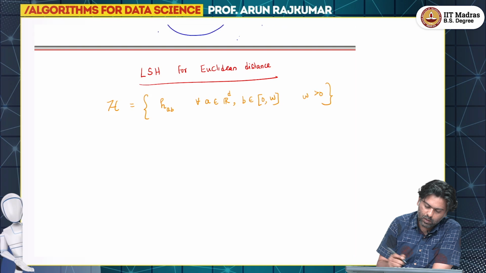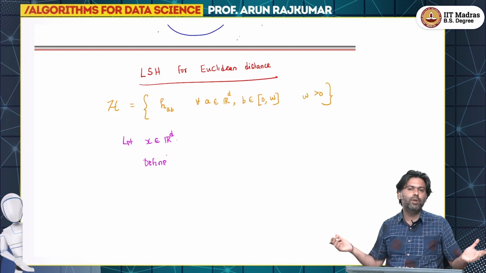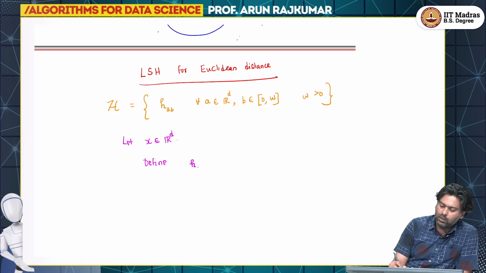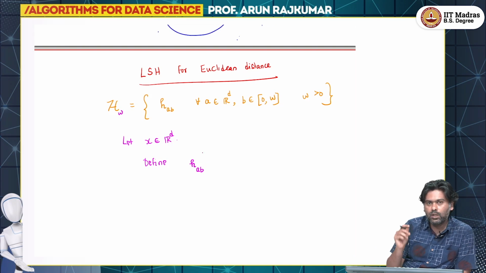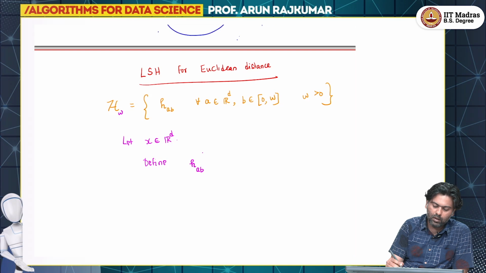So let x be a d-dimensional vector. Now I am going to define one function in this bag. This is a bag with an infinite number of functions, and I am going to define one such function. Every function in the bag is parameterized by a and b, and the bag itself is parameterized by a value w, which is a number.